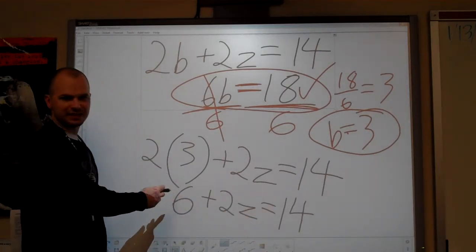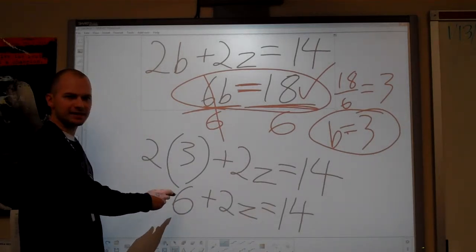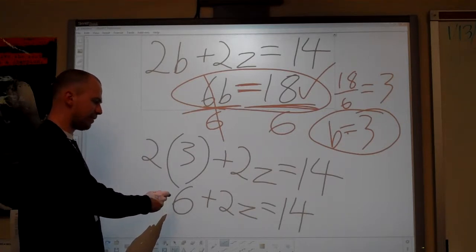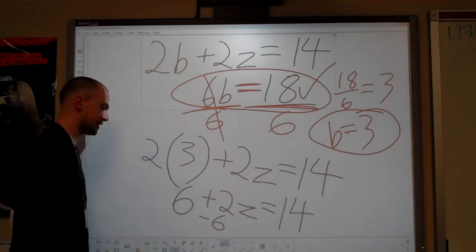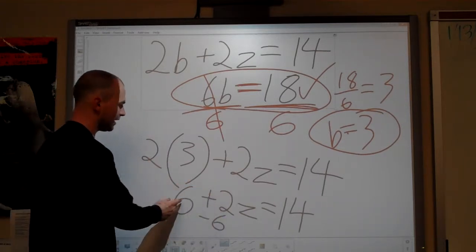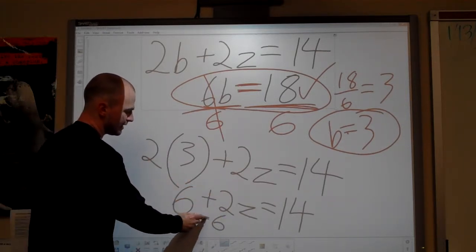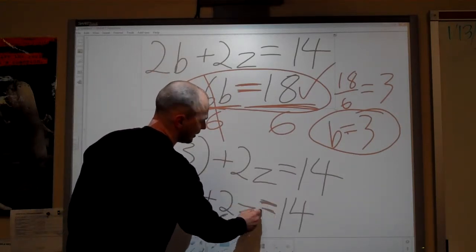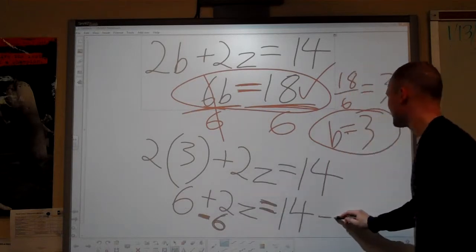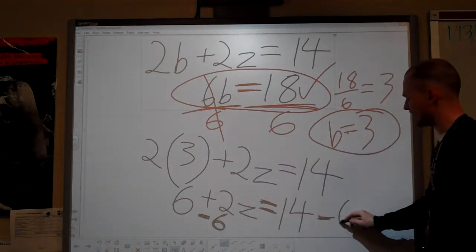So 6 plus 2 times something equals 14. Well, let's get rid of this 6. Now this is a positive 6. So in order to get rid of a positive 6, we can add a negative 6, or we can just subtract 6. So 2Z plus 6 minus 6. If I subtract 6 from this side, in order to keep this equal, I've also got to subtract 6 from this side.